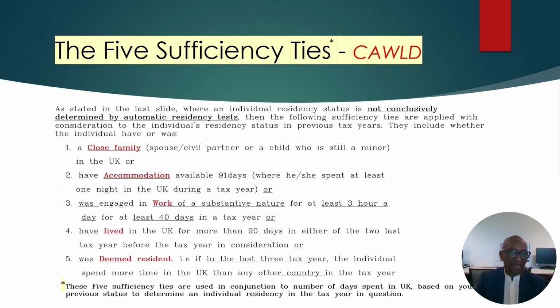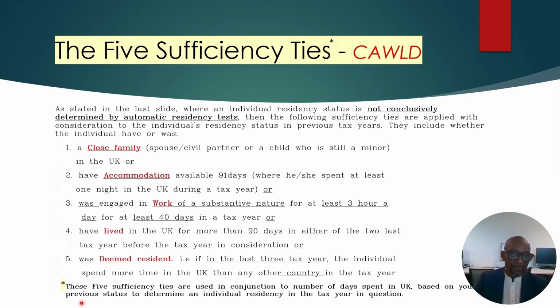And the 5th one is was deemed resident, that is, if in the last 3 tax years the individual spent more time in the UK than any other country in the tax year.